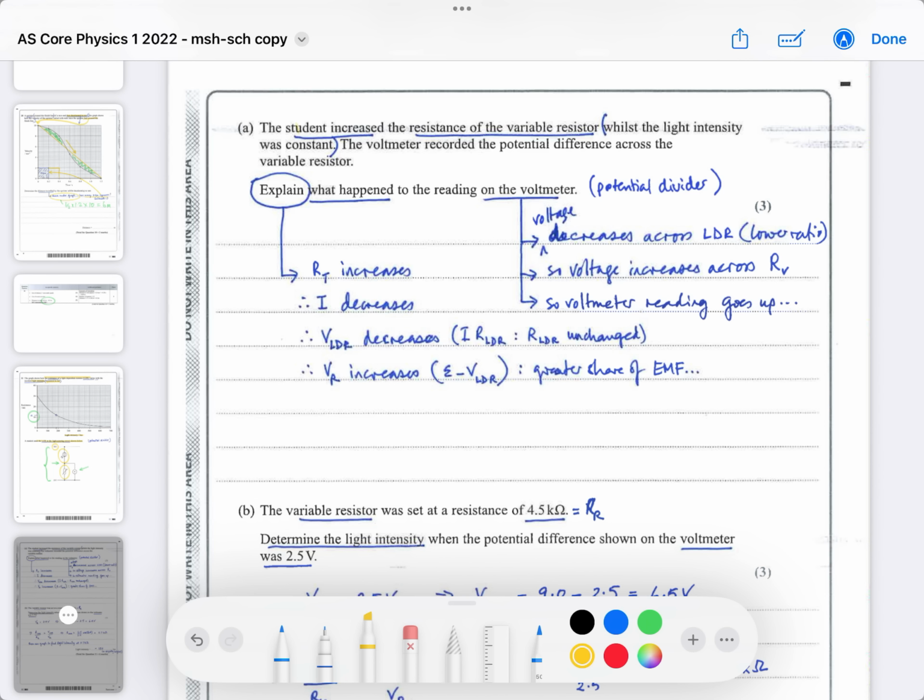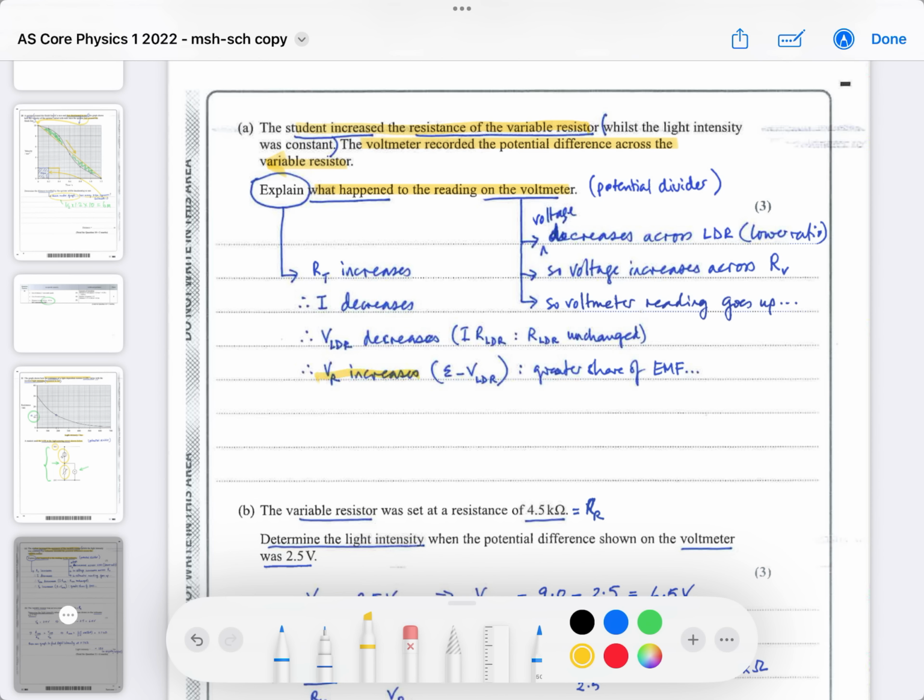The student increased the resistance of the variable resistor. Whilst the light intensity was constant, the voltmeter recorded the potential difference across the variable resistor, as shown in the diagram. Explain what happened to the reading on the voltmeter. Okay, so the reading on the voltmeter will increase. Why does it increase?